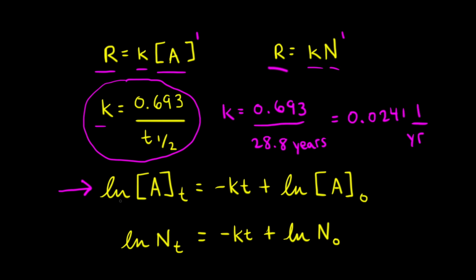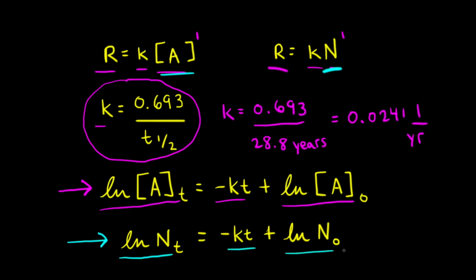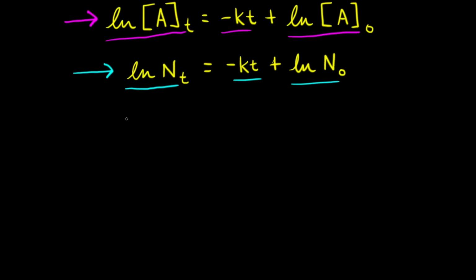The integrated rate law says that the natural log of the concentration of reactant A at some time t is equal to negative kt plus the natural log of the initial concentration of reactant A. Since we're using N, the number of radioactive nuclei in our sample, instead of the concentration of A, we can write the integrated rate law for a first-order radioactive decay process, which says the natural log of the number of radioactive nuclei at some time t is equal to negative kt plus the natural log of the initial number of radioactive nuclei.